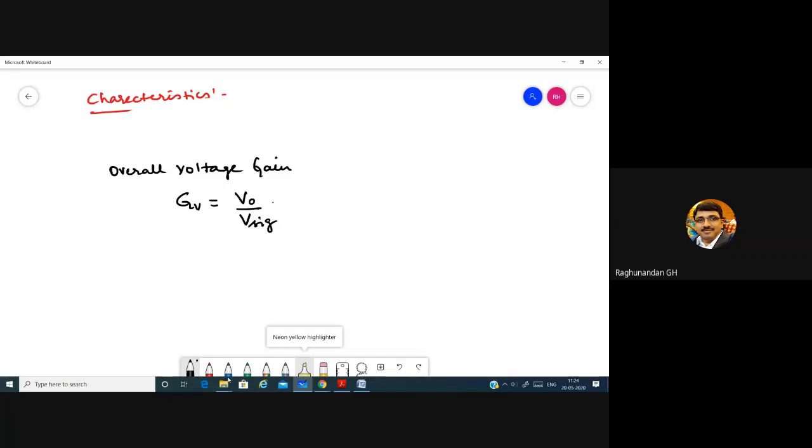Again, this Vo by Vsig can also be written in terms of Vo by Vi. We can split it up: Vo by Vi into Vi by Vsig. I'm just multiplying and dividing by Vi.